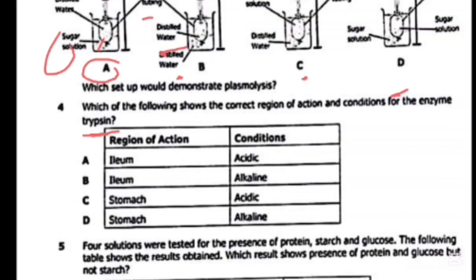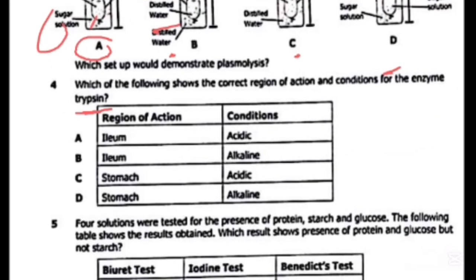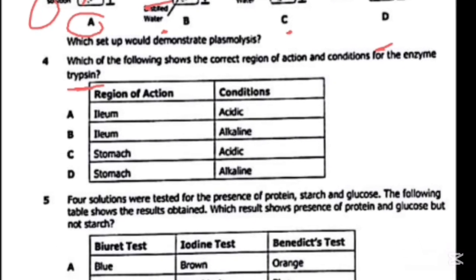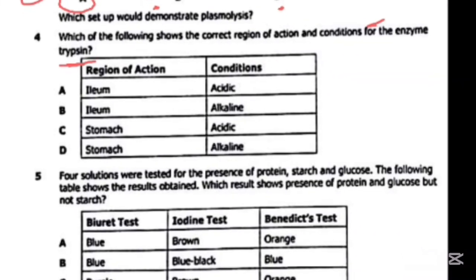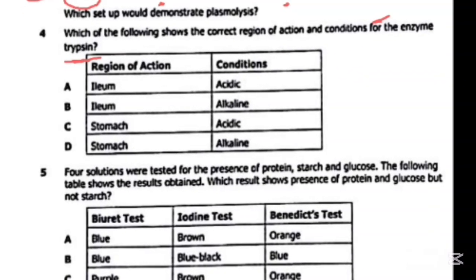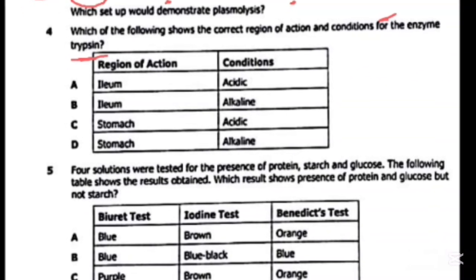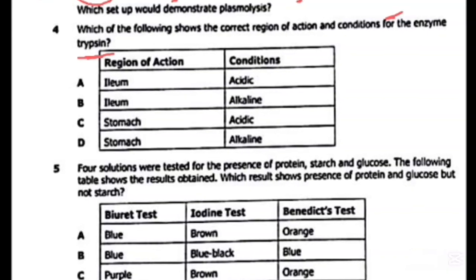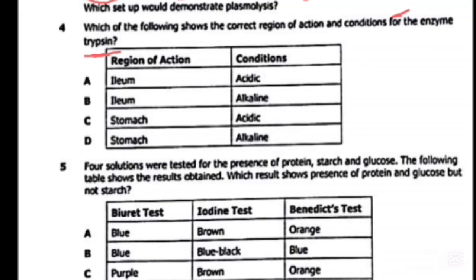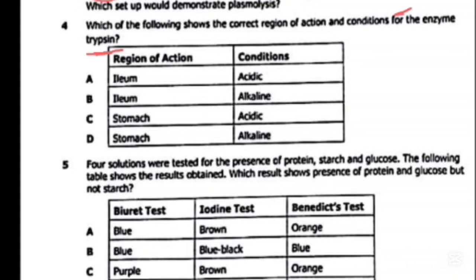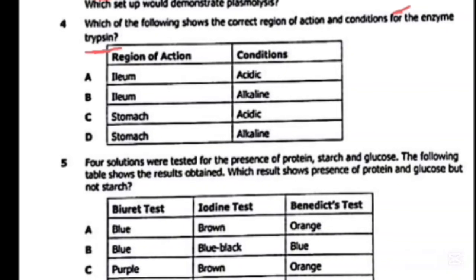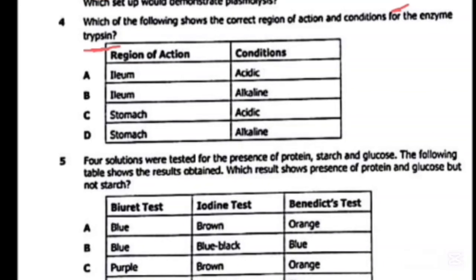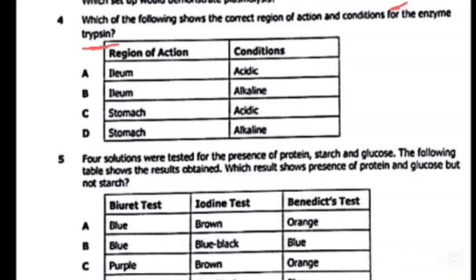So what does trypsin do? Trypsin is the enzyme produced by the pancreas in order to digest proteins. Remember, trypsin does not work in the stomach because it works in a basic condition like the ileum.